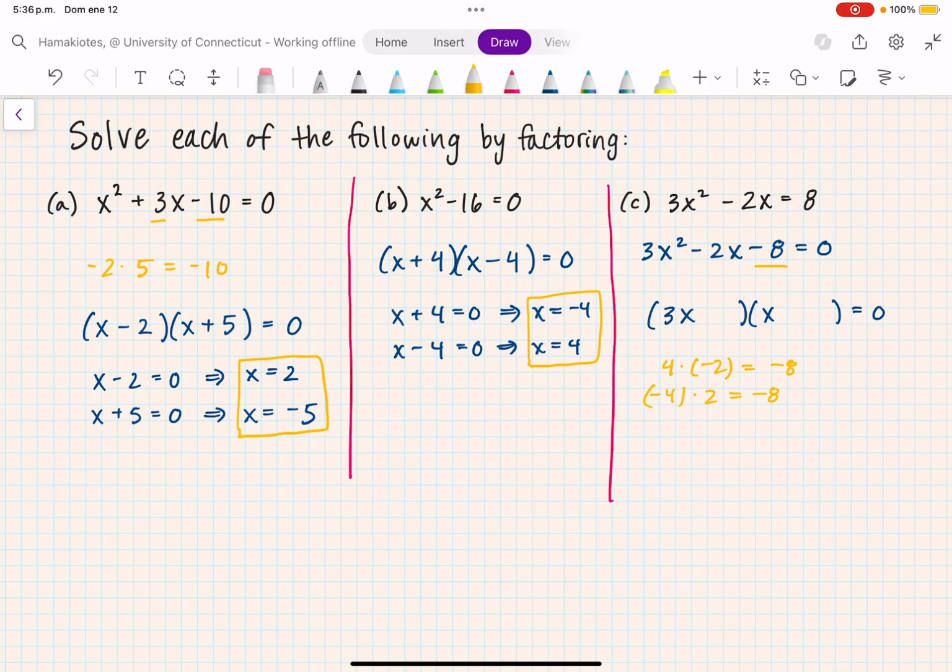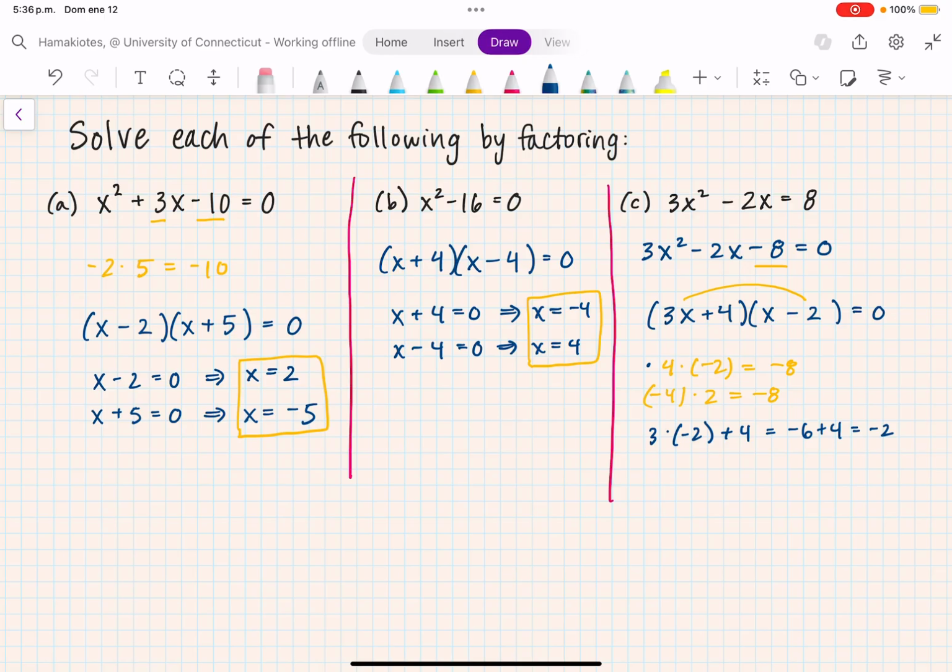So here, if we try 3 times minus 2 plus 4, so using the solutions from the first equation, we get minus 6 plus 4, which is minus 2. So what this tells us is that we're going to need to do 3x times minus 2, and then x times 4.